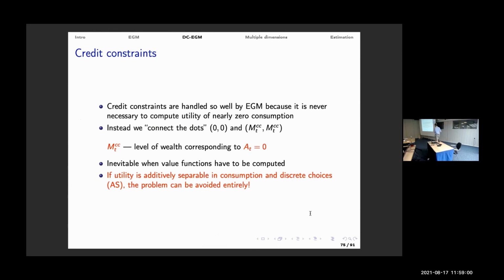Before we connected the dots, right? We connected the dots between 0 and this point that we recovered by doing the EGM step with 0 savings. If you have nothing at the end of the period, then by inverting the Euler equation, you get that exact level of wealth where the credit constraint is not binding anymore. That corresponds to A being 0.